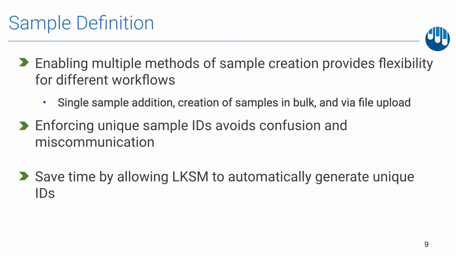Sample Manager enforces a uniqueness constraint on sample IDs to help ensure that samples are distinct, avoiding downstream confusion about a sample. It also helps save time during the registration process by automatically generating unique sample IDs using our naming pattern tool.